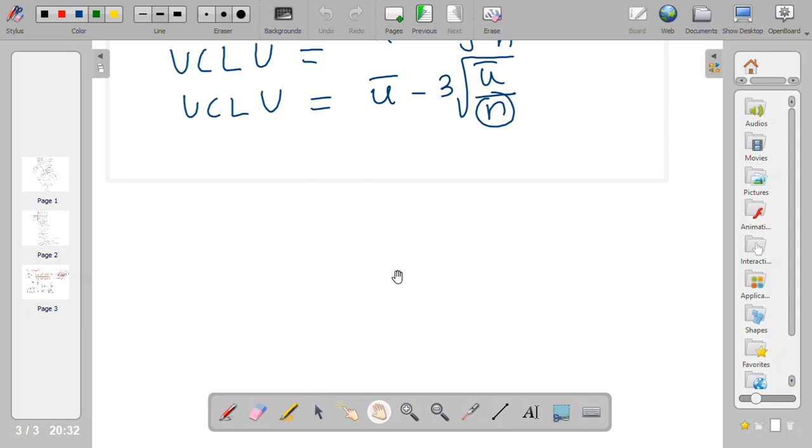Okay. So we studied all the control charts. Now take one numerical problem, question number 2, as we have already solved one numerical.